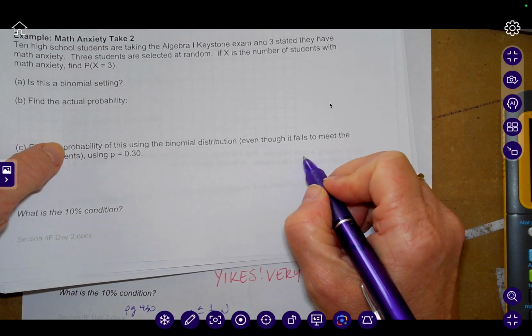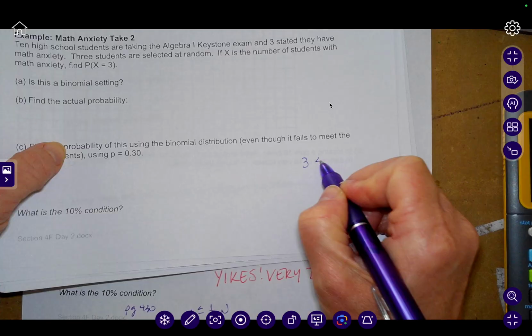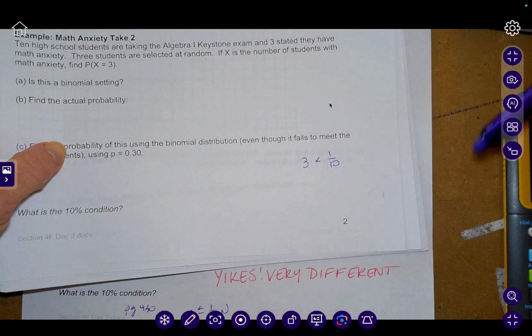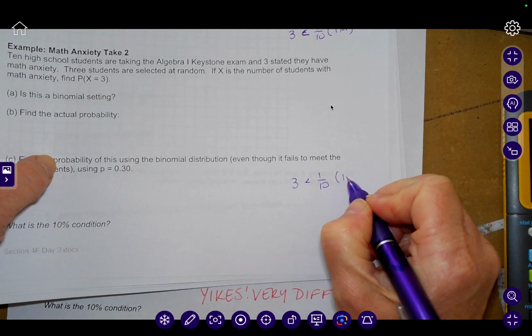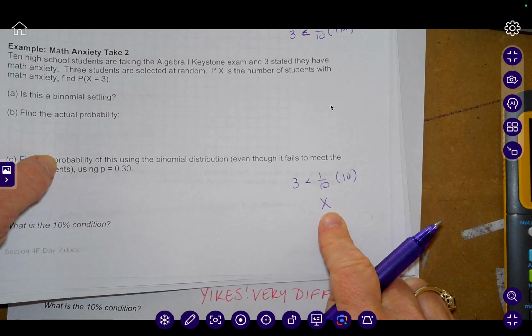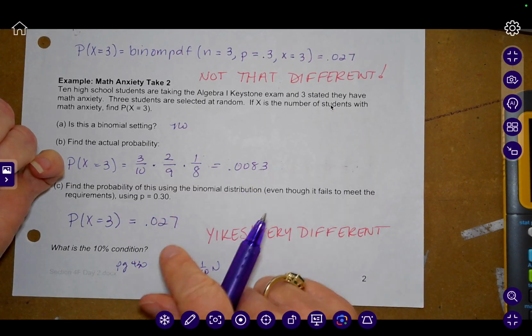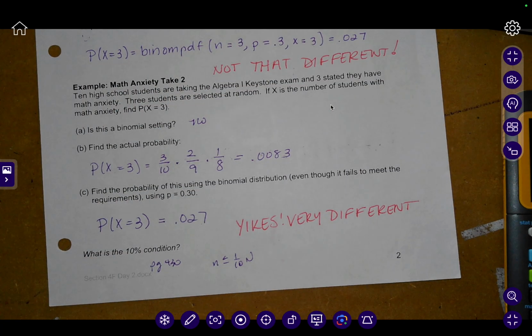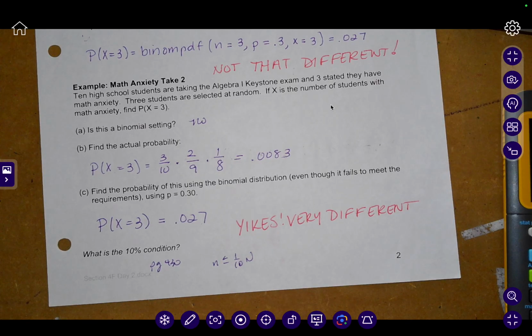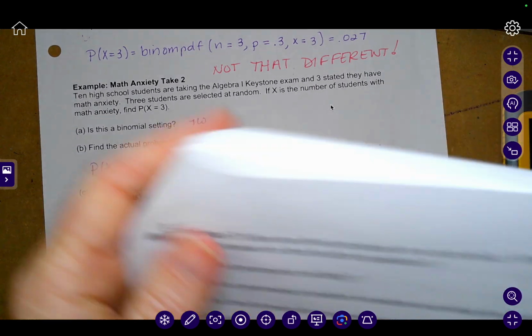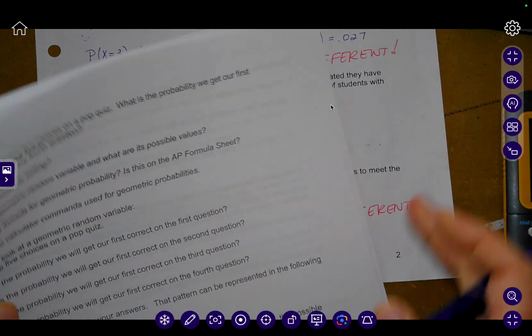In this one, our sample size is still 3, but now our population is 10. The condition wasn't met here, which is why we were not getting very close results. When the 10% condition has been met, you get pretty accurate results even if independence is not met.